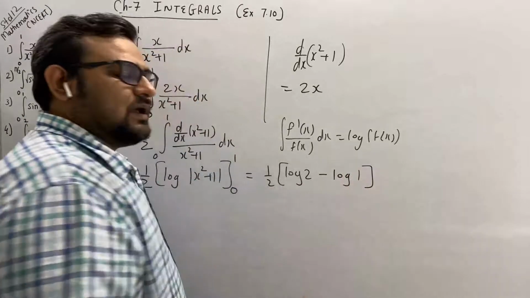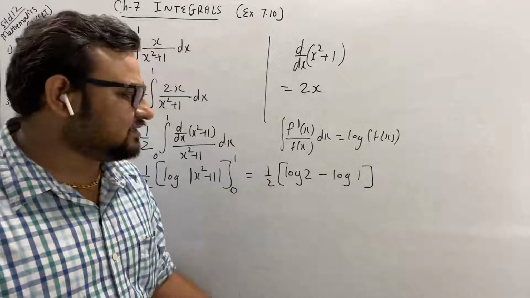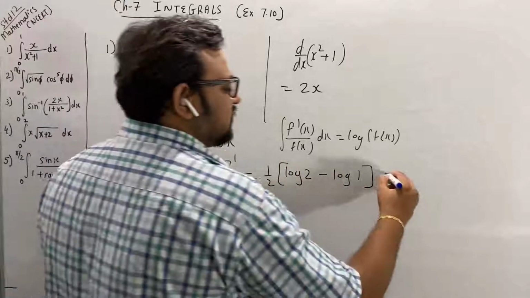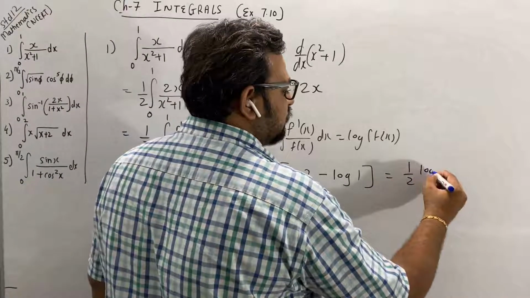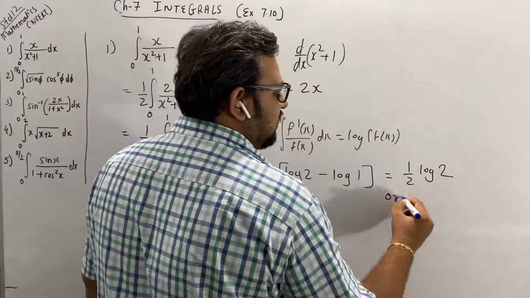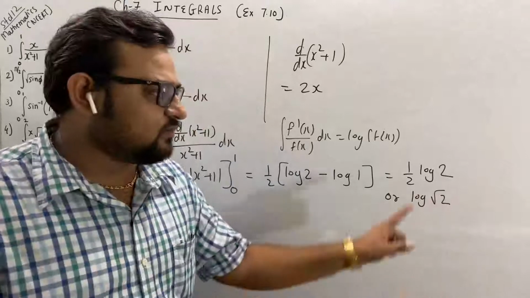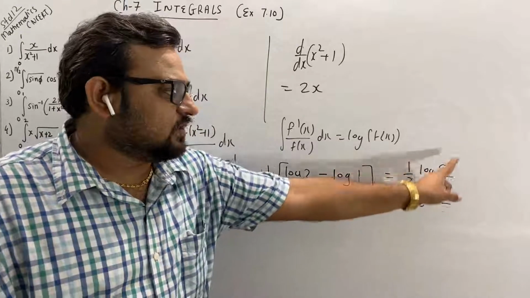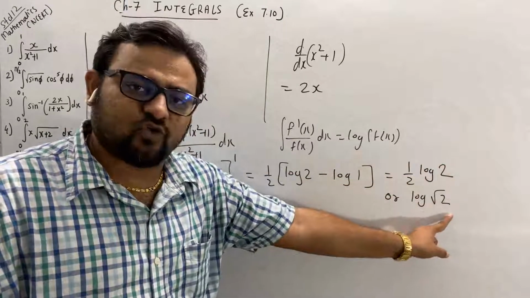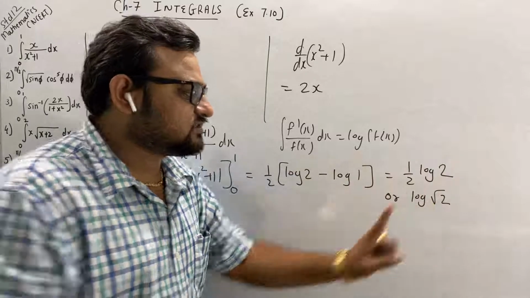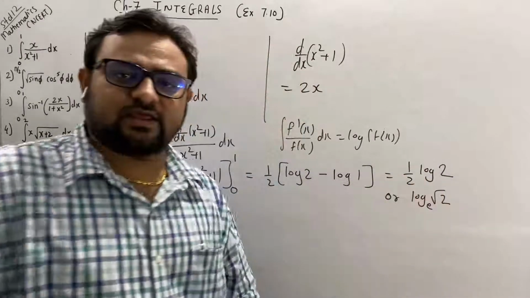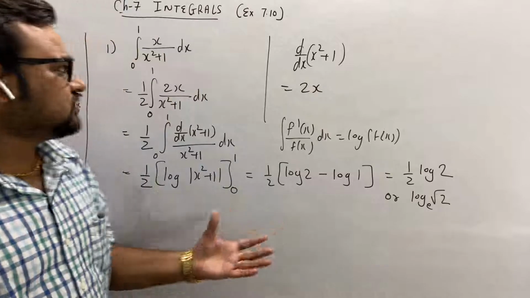We know that the value of log 1 is 0. So this will be equal to 1 by 2 log 2, or I can write it as log of root 2. When 1 by 2 goes in the power, it will be 2 raised to 1 by 2, so square root of 2. And remember the base here is e. Clear? So this was the first question.